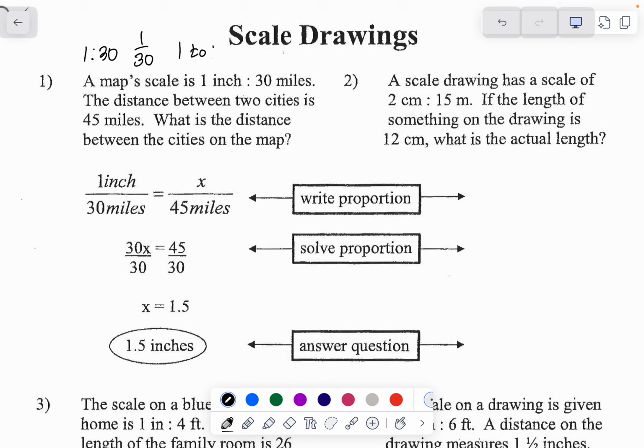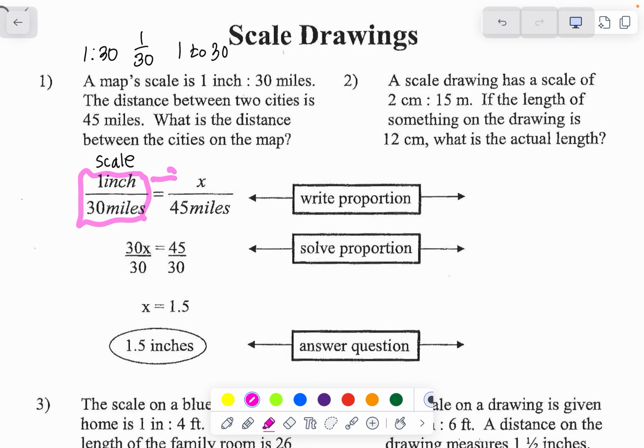Look what they've done. This side here is our scale. Okay, so you can see 1 inch is 30 miles. So that means you have to have inches on the top on this side, and it has to be miles on the bottom on this side.